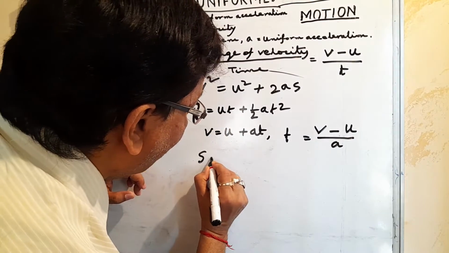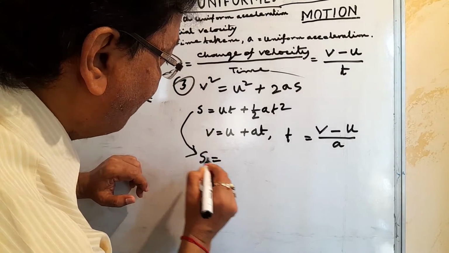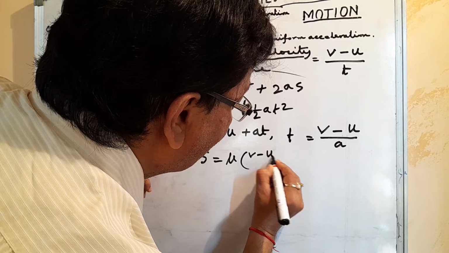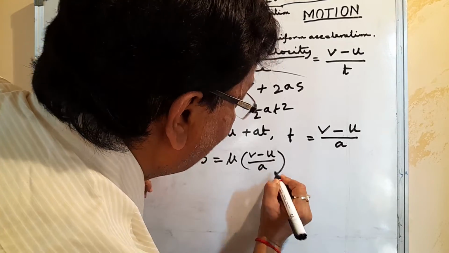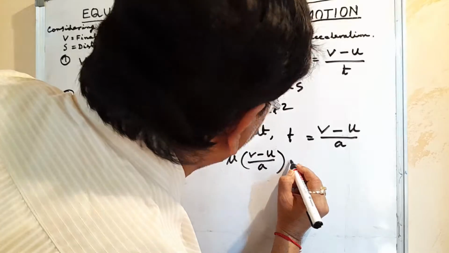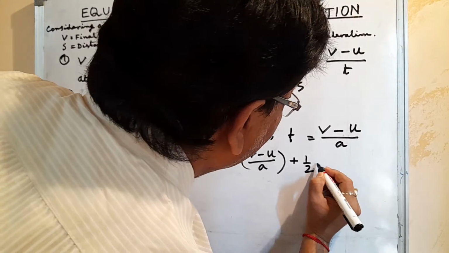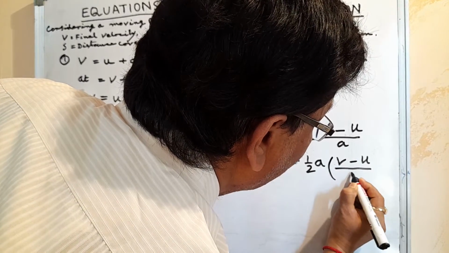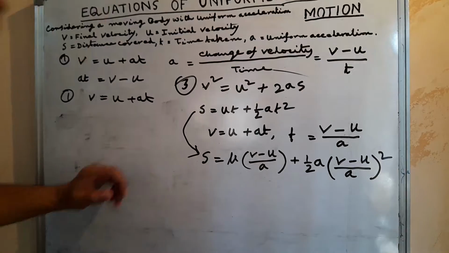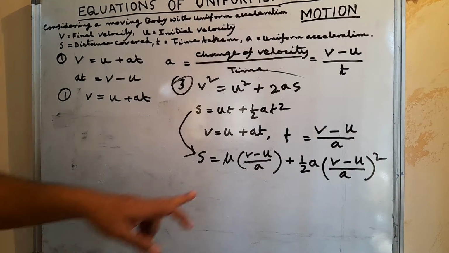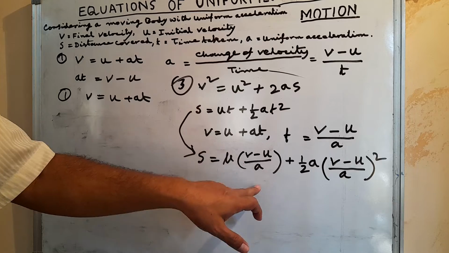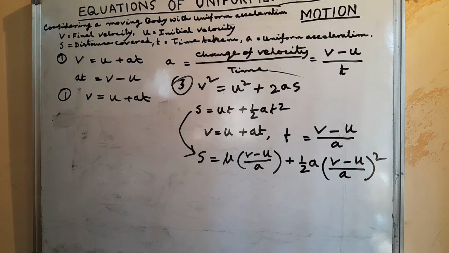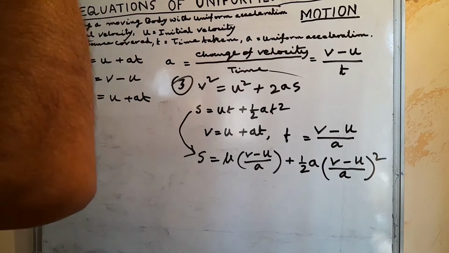So s equal to u times v minus u by a, plus half of a times v minus u by a whole square.